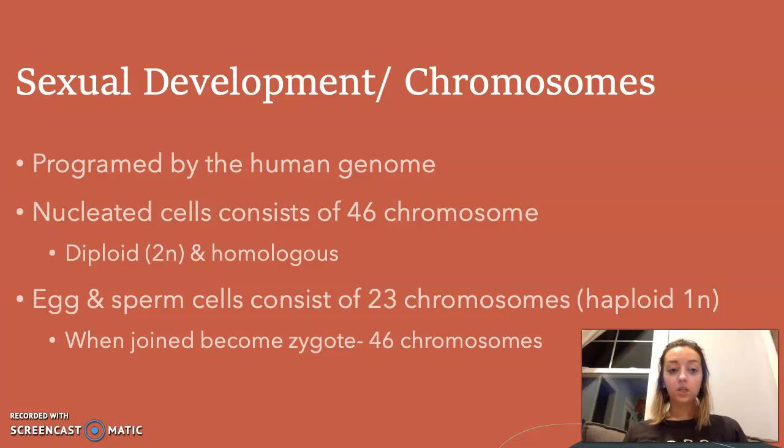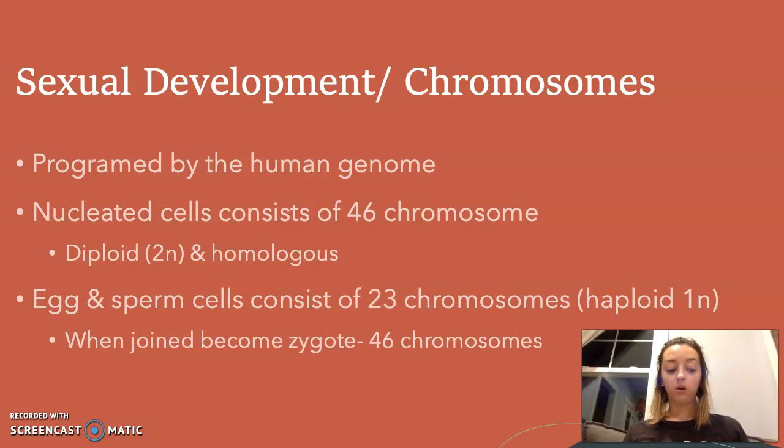It is important to note that sexual development is programmed by the human genome. Almost all nucleated cells in the body consist of 46 chromosomes, which is a diploid number. Diploid just means that they come in 22 matched or homologous pairs of autosomes plus one pair of sex chromosomes.